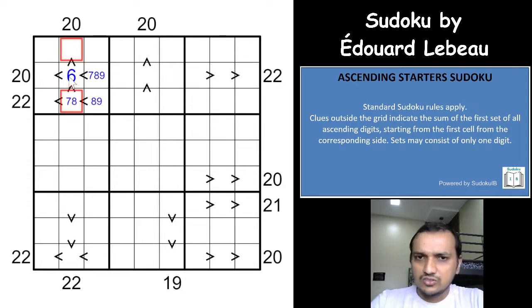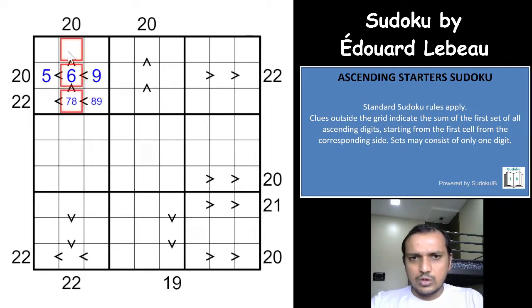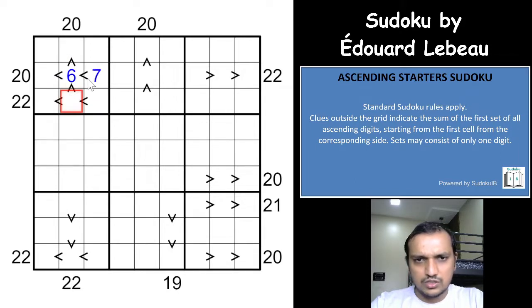Not possible. 6 is also not possible because if this is 6, the maximum here can be 5, the maximum here can be 9, right? To get the 20 sum. So same way you will have to have here 5 and 9, not possible. Okay, 5 and 9. So 6 is also not possible. That is quite difficult to see. 6 is also not possible.